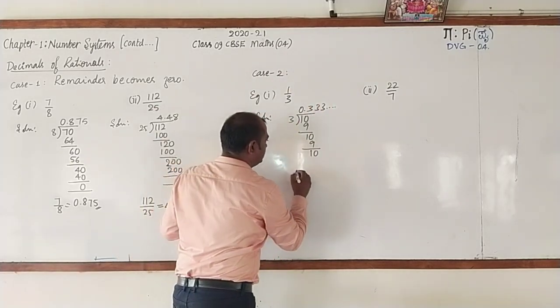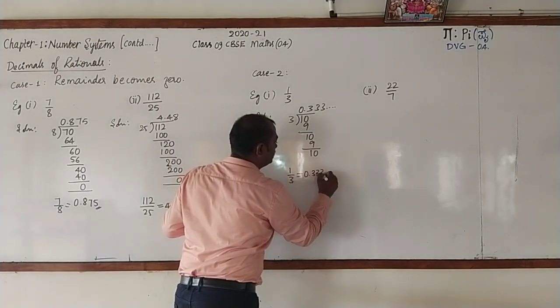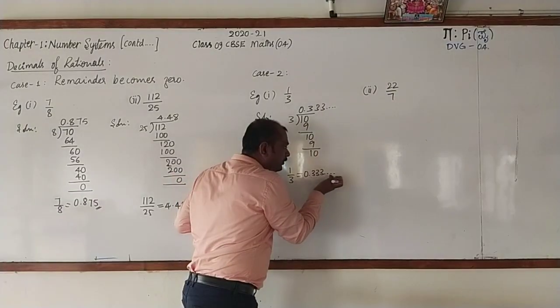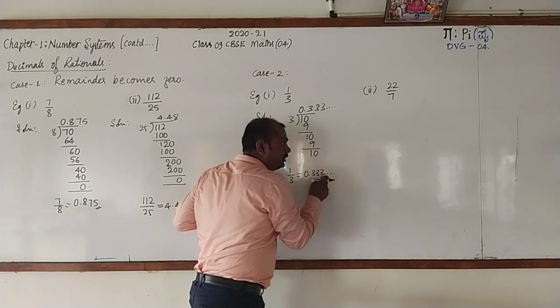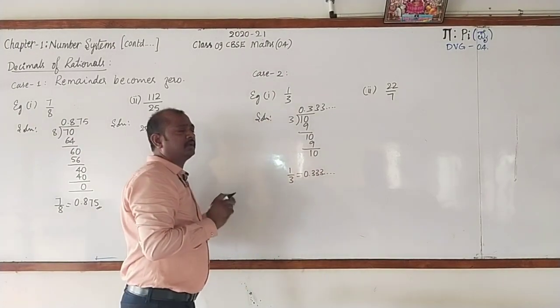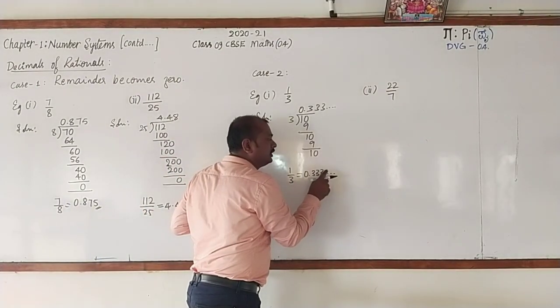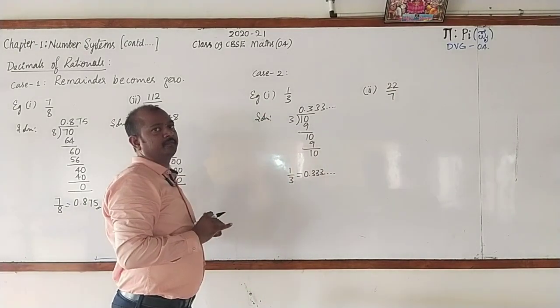Now I can write 1 by 3 as 0.333 and so on. Now what type of decimal expansion is it? It is non-terminating. In non-terminating, only what type? Here some digits are being repeated. Therefore you can say that it is non-terminating recurring.